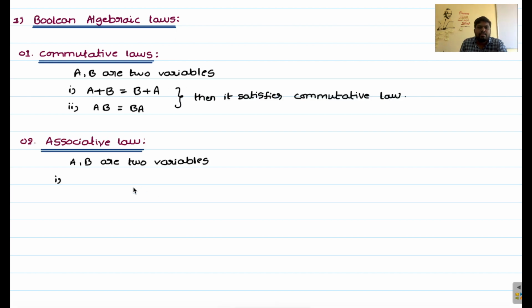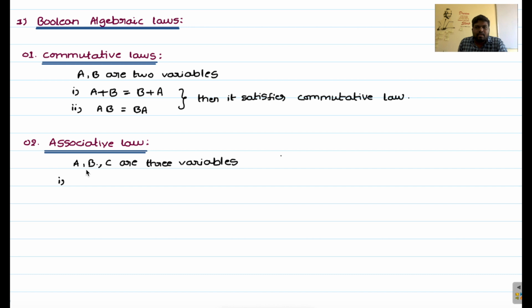Then it satisfies the commutative law. And the next one is the associative law. A, B, C are three variables, then A plus B plus C equals A plus B plus C, grouped differently. And the second condition: A into the product BC equals the product AB into C. If these three variables satisfy these two conditions, then they follow the associative law.